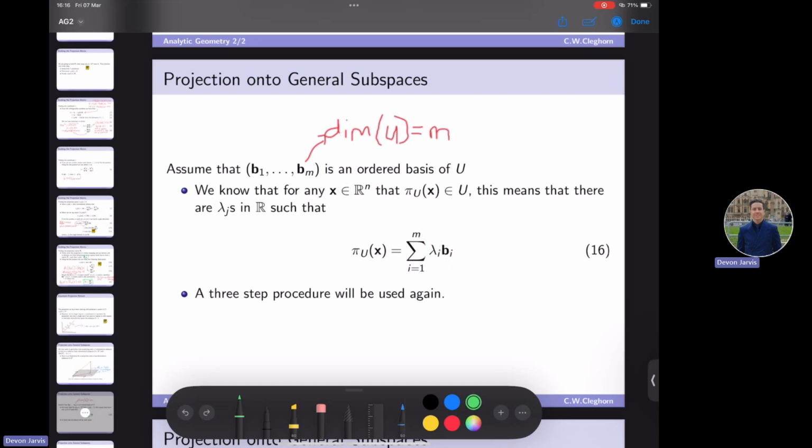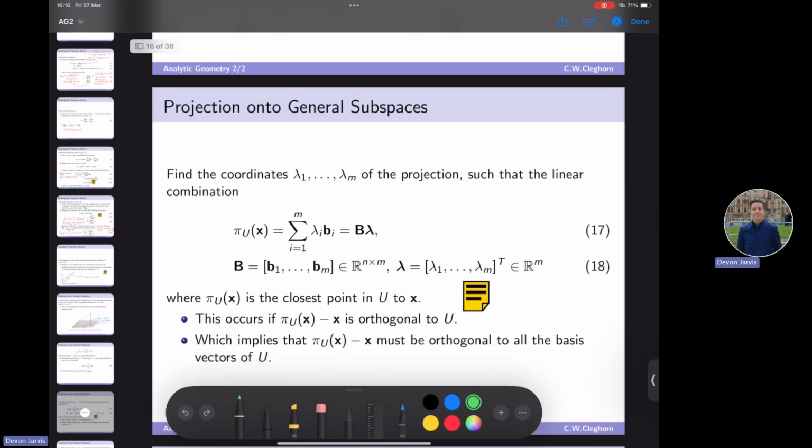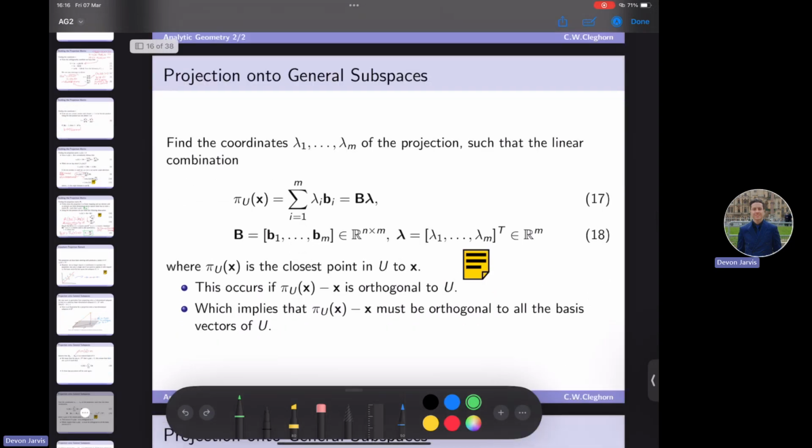Okay, and that same three-step procedure will be used again. So we start off by finding the coordinates of our projection in our new basis. So find the coordinates lambda 1 to lambda m of the projection such that the linear combination exists, and we can always write this linear combination out as B lambda. Once again, this is us saying b1, b2, b3, however many you want, times lambda 1, lambda 2, lambda 3.